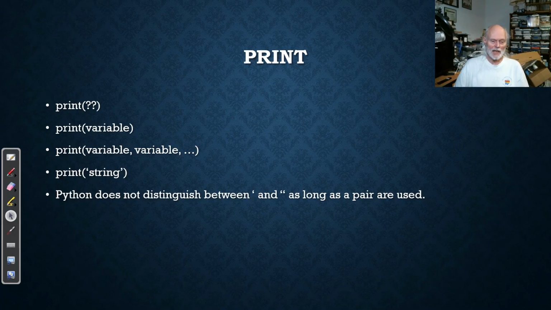We can do concatenation that we'll look at later. Now, Python does not distinguish between a single and a double quote for defining string constants, as long as you start and end with the same thing. So if you start with a single quote, you have to end with a single quote.